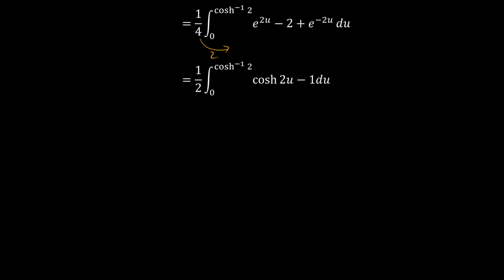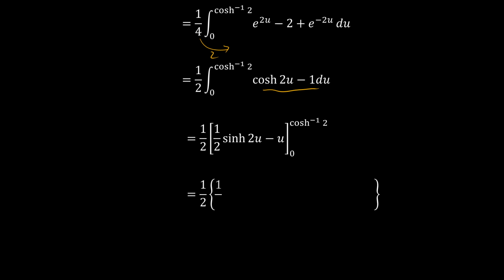And so we have a half the integral from u equals 0 to the arc hyperbolic cosine of 2 of hyperbolic cosine 2u minus 1. That means we have half of the hyperbolic sine of 2u over 2, minus u, when you integrate this.